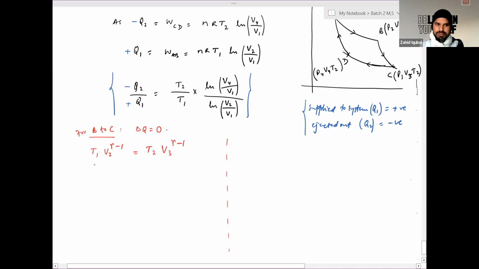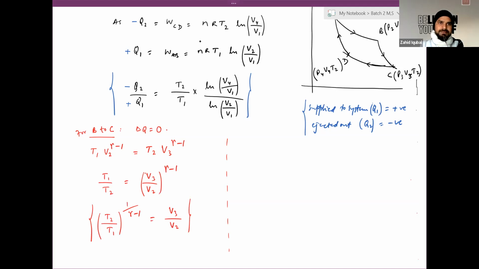I'm just using the relationship between temperature and volume for this adiabatic process. On rearranging, T1 divided by T2 equals V3 divided by V2, whole to the power gamma minus 1. If you move this exponent to the other side, you get T2 divided by T1, and moving the exponent gives the reciprocal, so you're left with V2 divided by V1.